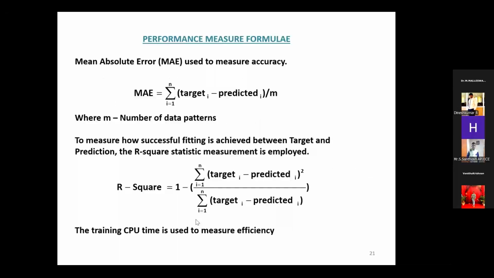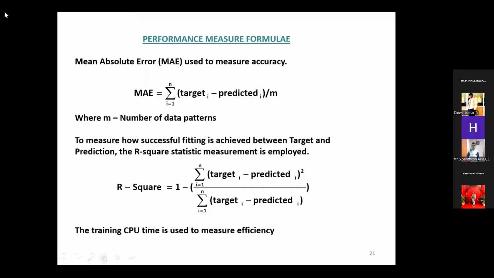Okay. Now, what performance measurements are you going to use, in terms of formulas, during the operation of the recurrent neural network of Jordan type? See, the first measurement formula is called mean absolute error.